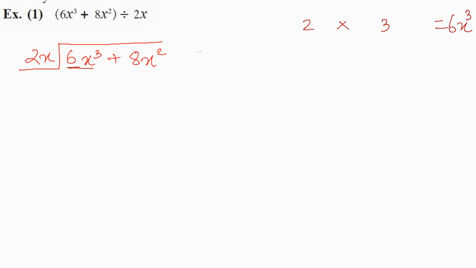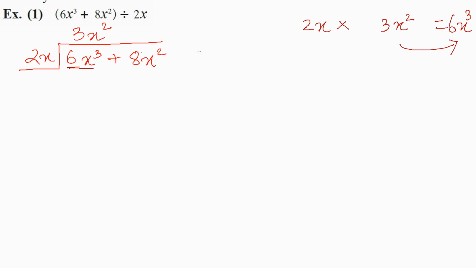And here our divisor is 2x. So 2x, if we multiply it with 3x square, we'll get 6x cube. So our first term in the quotient would be 3x square.